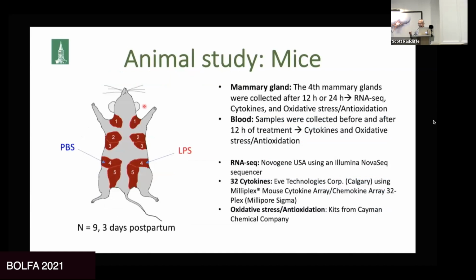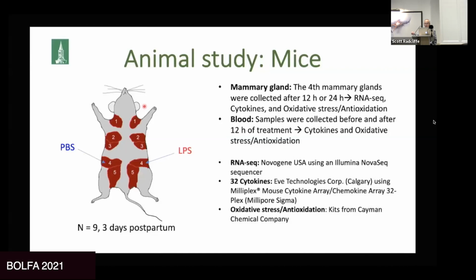We started with mice. We actually did 2 experiments. The design is simple, using a unilateral design. We injected one side gland with LPS, and the other gland with PBS. Then we took the mammary tissue at 12 hours or 24 hours.